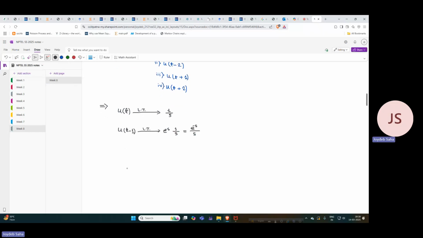In a similar manner, we can write the Laplace transform of u of t minus 2.